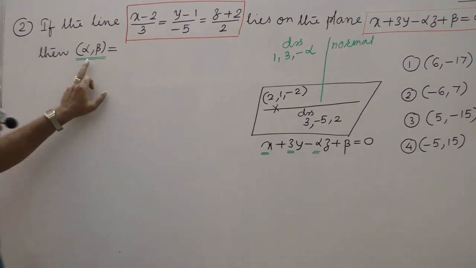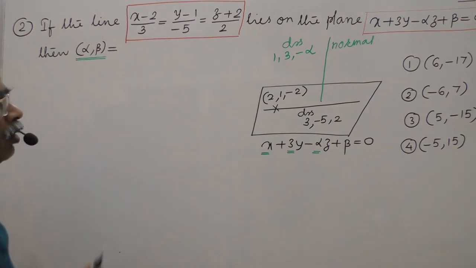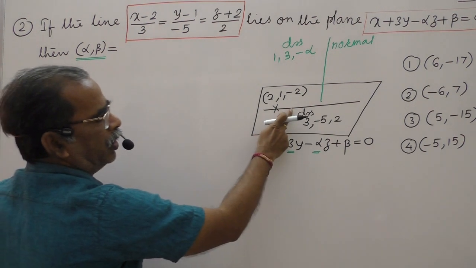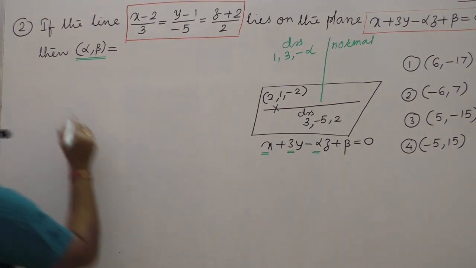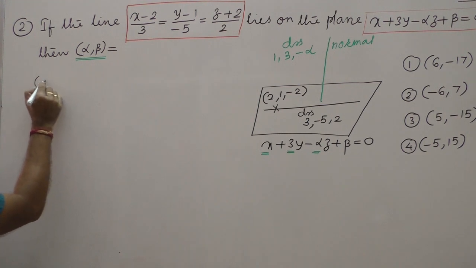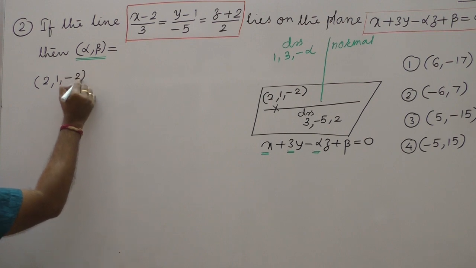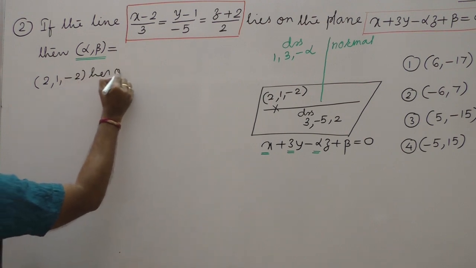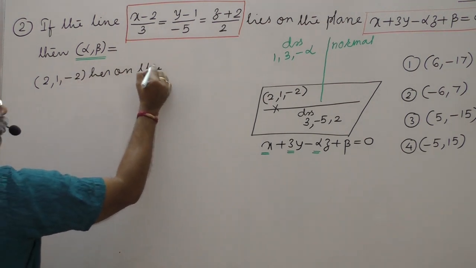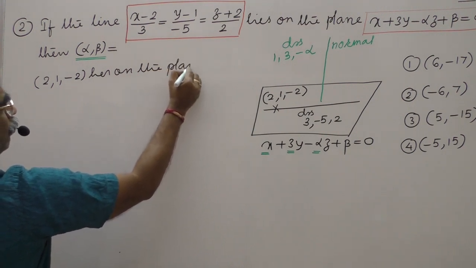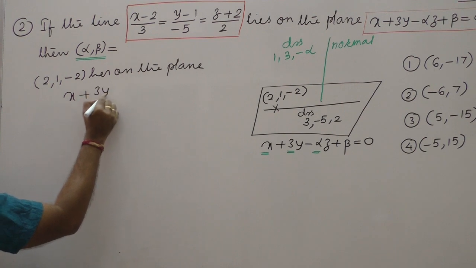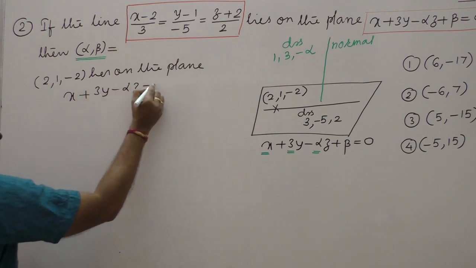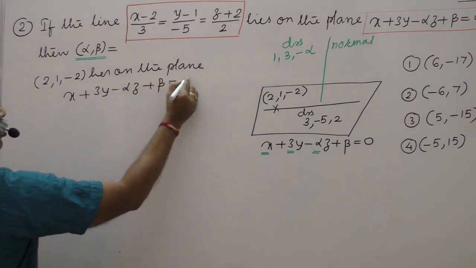Here we need to find two values. First, the line is on the plane, therefore this point also lies on the plane. We will use that condition first. The point 2, 1, minus 2 lies on the plane x plus 3y minus alpha z plus beta equal to 0.